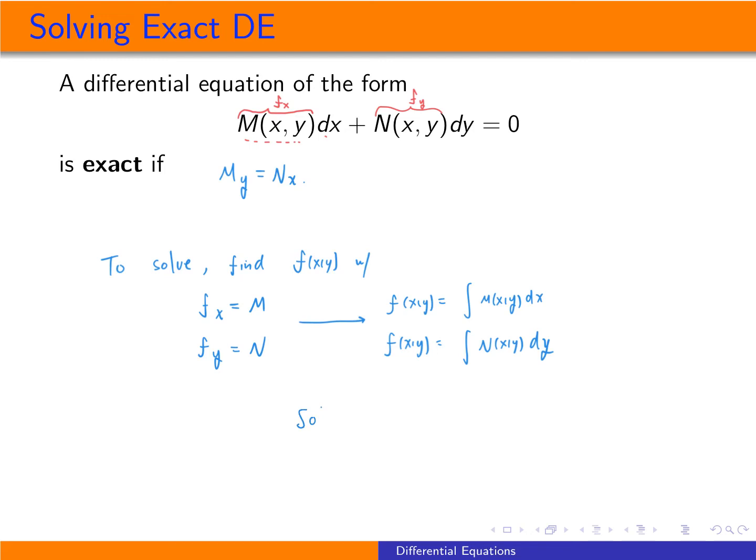And be very careful: the solution is not just the function f, the solution is f of x y equals a constant. Forgetting to set the function equal to a constant is probably one of the mistakes that I see most frequently. So let's see how this works in a nice concrete example.